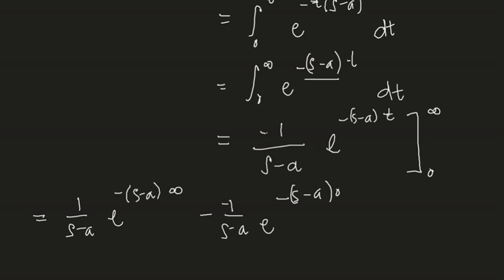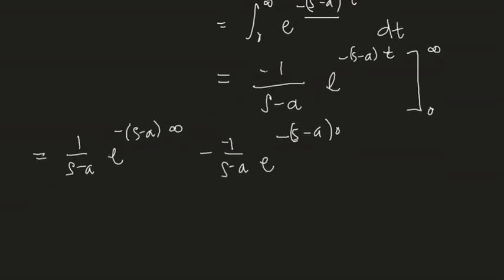So evaluating this function, we know that this function multiplied by infinity will be equal to negative infinity, and e raised to negative infinity will be approximately equal to 0. This whole term then will be equal to 0. In this one, we have this function multiplied by 0 will be equal to 0. E raised to 0 will be equal to 1.